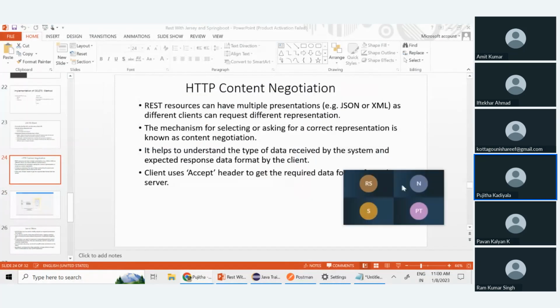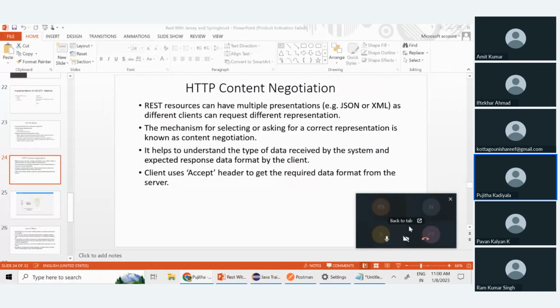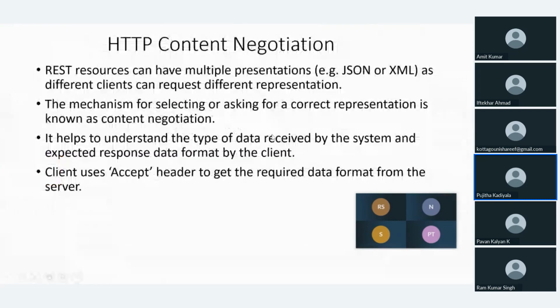And you need to see this content negotiation. What is content negotiation? So let's say in the method I mentioned media type application JSON, application XML, like that, right?